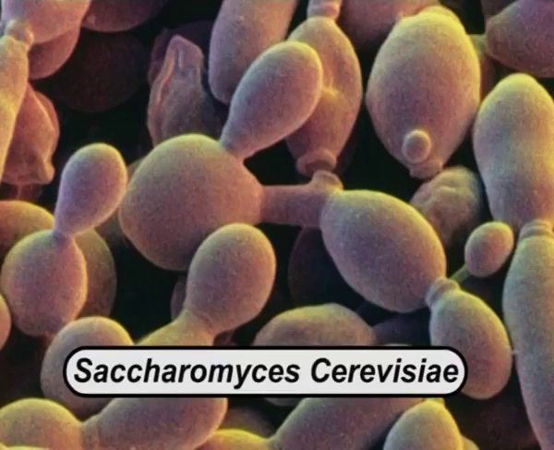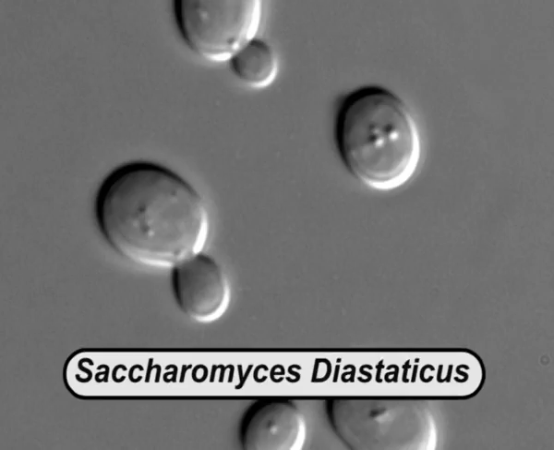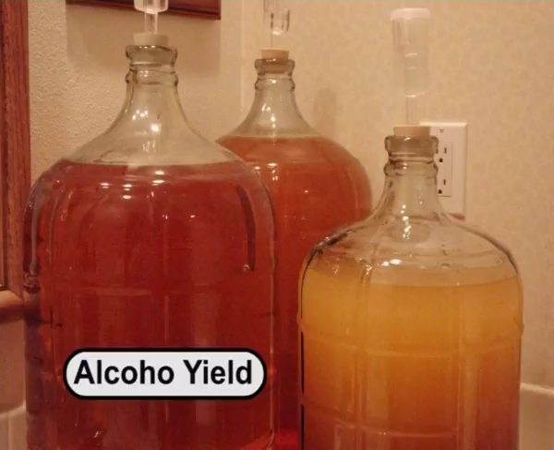Hybrids emerged not only from the ale strain Saccharomyces cerevisiae, but also from the wild yeast, that is Saccharomyces diastaticus, which produces a spectrum of enzymes fully capable of hydrolyzing starch to fermentable sugar. Thus, the distilling strains enable high alcohol yield.